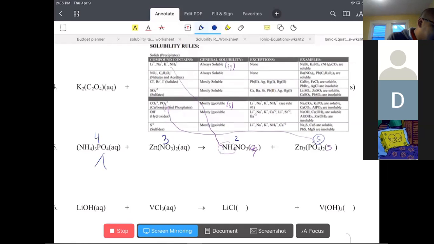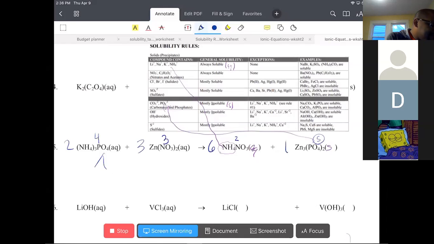I have 1 on the left, so I need a 3 in front. When I did that, my NO3 has 6 of them. We only have 1 NO3 over here, so we need 6. I have 6 NH4s. We only have 3, so I need 2. We have 2 PO4s.